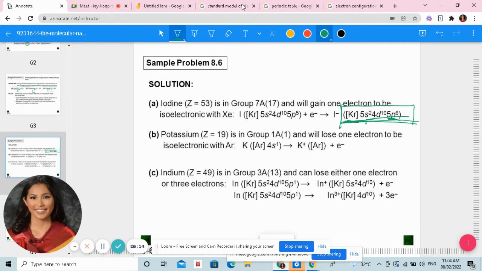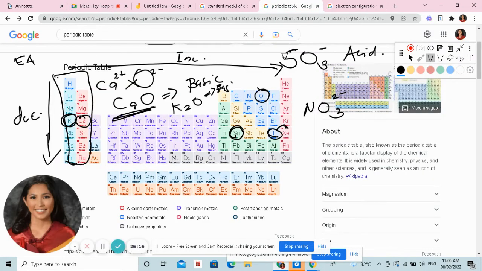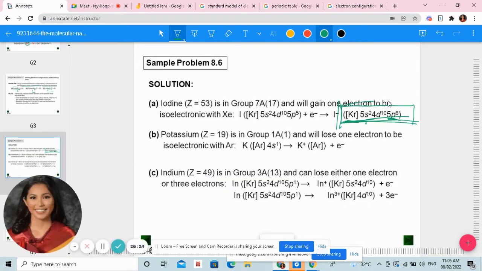What is 5p6? P1, P2, P3, P4, P5, P6. So this is xenon. Iodine gains one electron to become isoelectronic with xenon. So the electron goes on the reactant side.